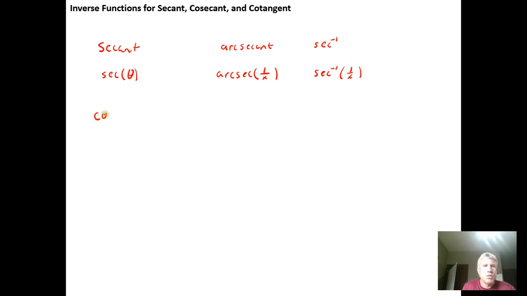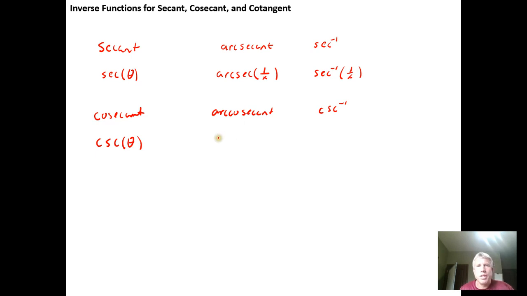The cosecant function has an inverse, arc cosecant, and in inverse notation you would say cosecant inverse. So if we have the cosecant function, we know that we input theta, and the output is 1 over y, 1 over the y-coordinate on the unit circle.